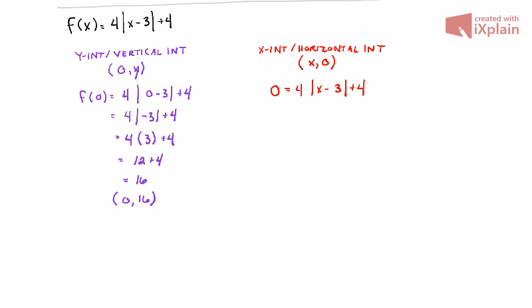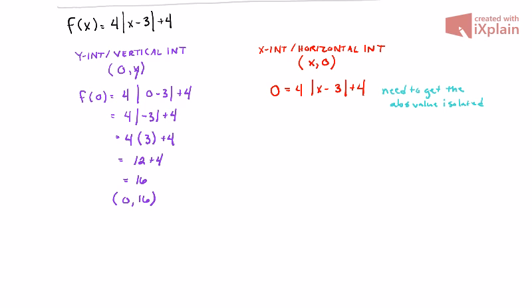Some things to remember before you can solve an absolute value equation: recall that you need to get the absolute value isolated. Any values that you see being multiplied, added, or subtracted outside of it need to be removed from where the absolute value is.